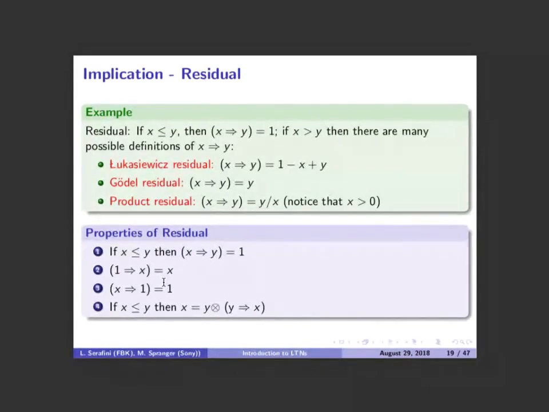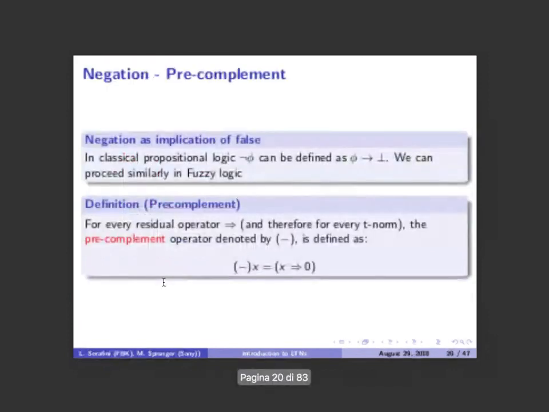So we have a number of options again, only listing those 3, where you can define, let's say, the Gödel residual as simply the value of Y, and a number of properties that need to be satisfied by these, and of course other properties that may be satisfied by variations. The whole point is that it gives us that direct mapping into the real interval, and this is what we need.